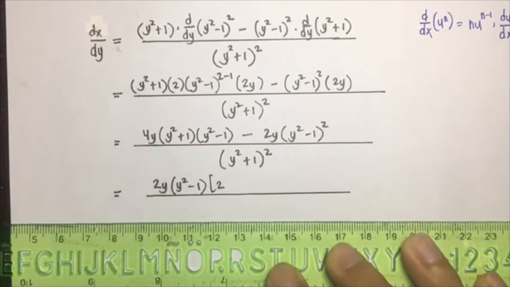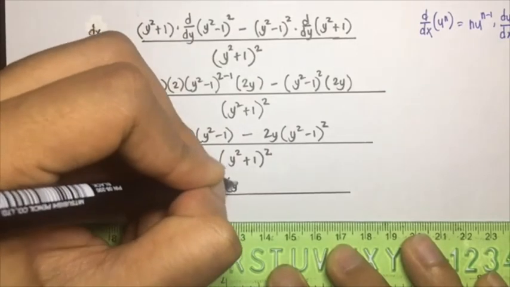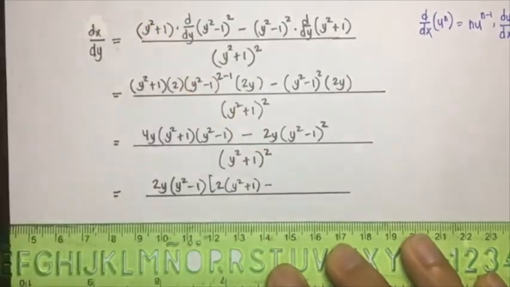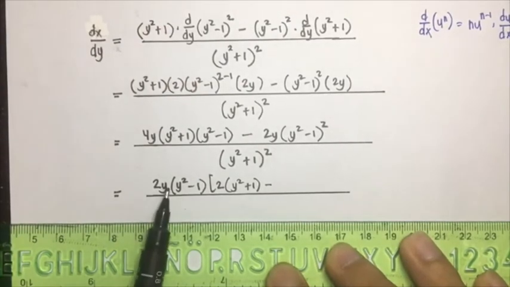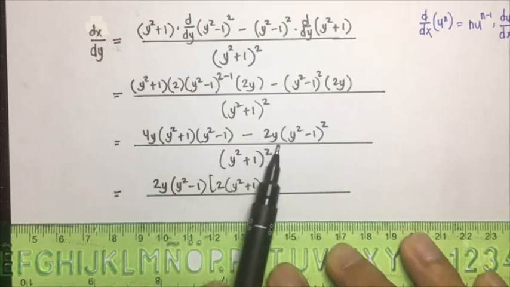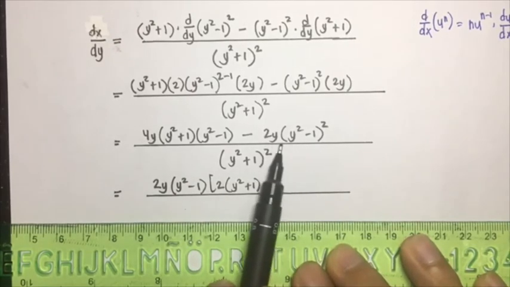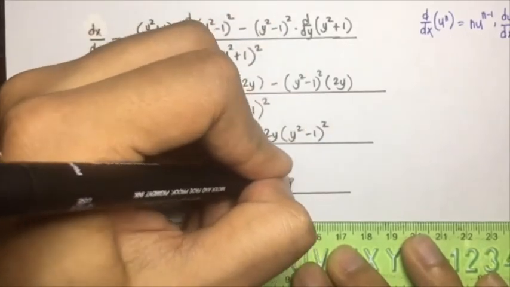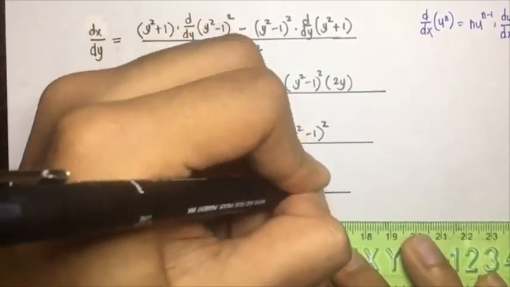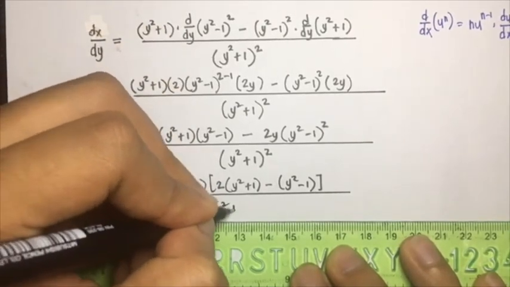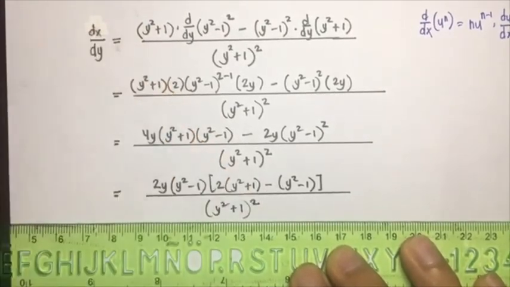So what will remain is y squared plus 1, minus, if we factor 2y and y squared minus 1 from the second term, what will remain is y squared minus 1, over y squared plus 1 squared.